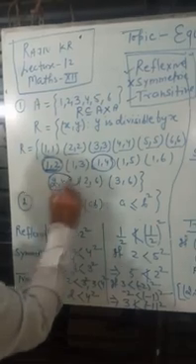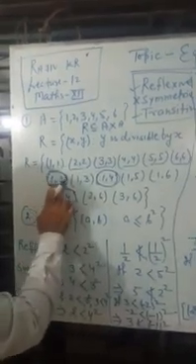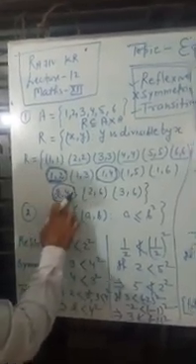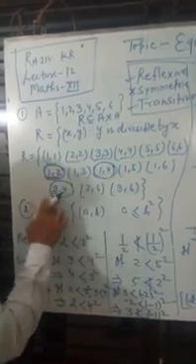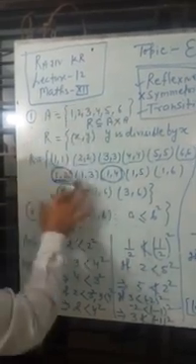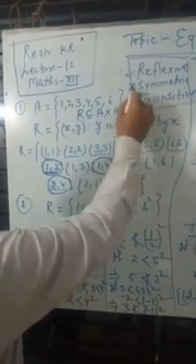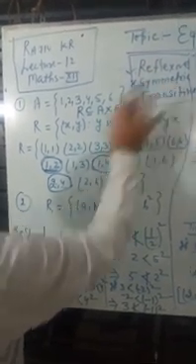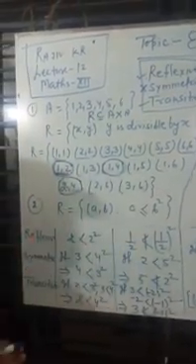So these 3 ordered pairs show the transitive relation: 1 divides 2, 2 divides 4, and 1 divides 4. So in this relation you find that it is reflexive and transitive but not symmetric. So this relation is not an equivalence relation.